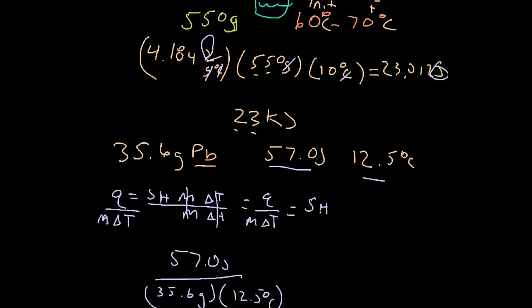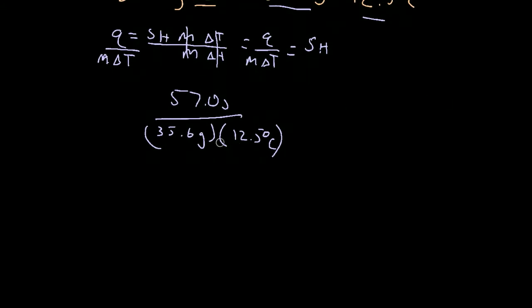In this problem, nothing's going to cancel out, because there's no grams up top or Celsius up top or anywhere else in the equation. So my units are going to be joules over grams times degrees Celsius, which makes sense because those are the units for specific heat, and that's what we're solving for.